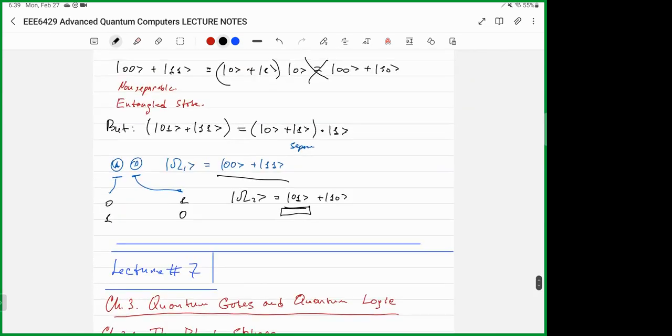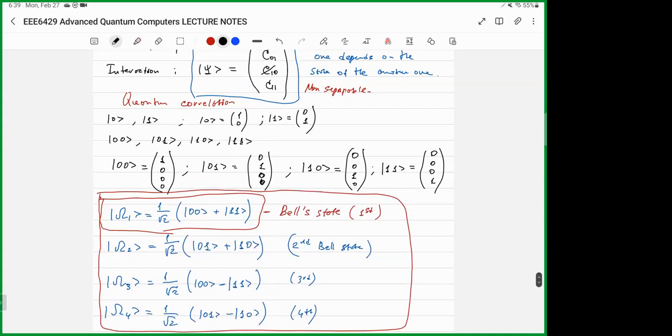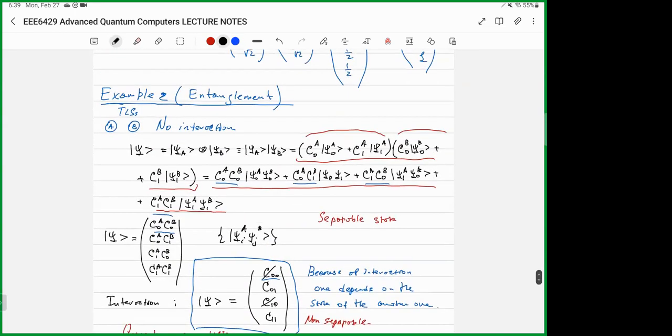Let me briefly remind you. Last time we discussed how we treat a system of several qubits and how we use the operation of tensor product to combine the two qubits, right?